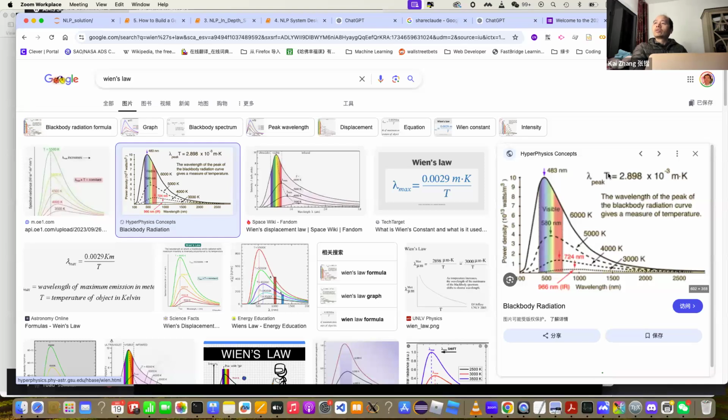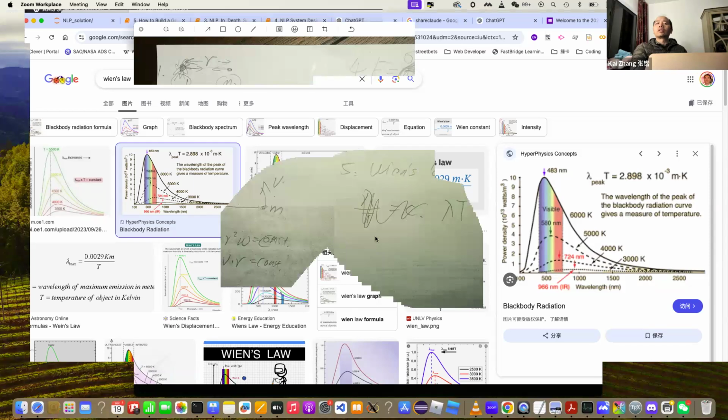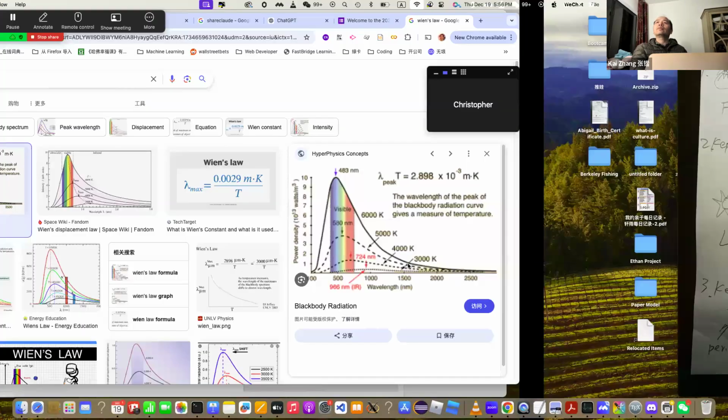If you multiply the two numbers, you get a constant, so they are inversely proportional to each other. So this is the fifth law, the fifth formula.